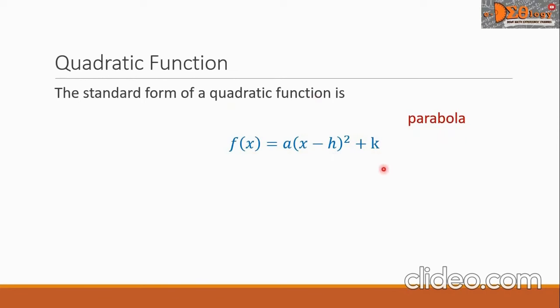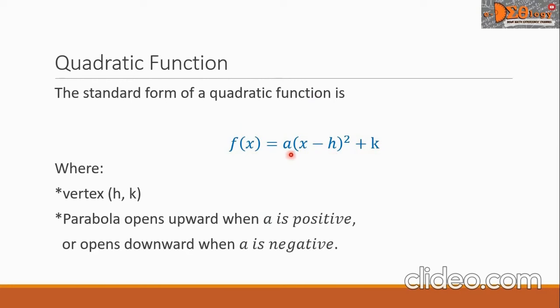In the standard form, we can see here the h and the k, and that is exactly the vertex of the parabola. Also, this a gives a very special idea. The parabola opens upward when this a is positive, or the parabola opens downward when this a is negative.